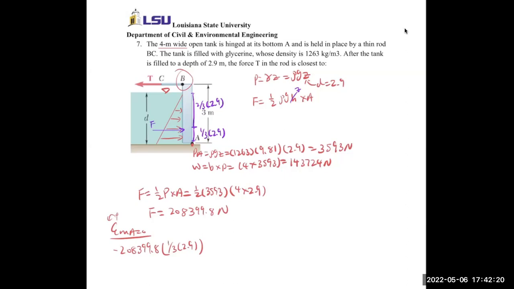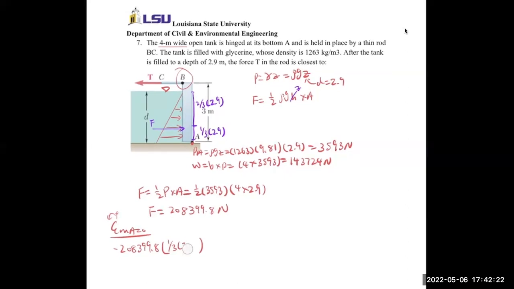Okay, my bad. We're not going to do 1/3 of 2.9 because when we take a moment of this thing, we're going to consider the distance from where T is to where A is. So this one right here will be 2/3 of 3 meters.